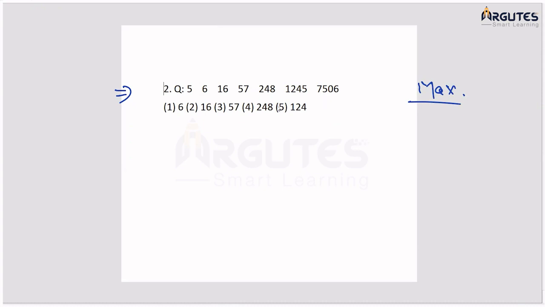By looking at the series we conclude that the largest number is 7506 and the number just before that is 1245, so this is somewhere near 6 times. Then look back: 248 is near 250 and 1245 is near 1250, so it is near 5 times. If it is near 6 times, then near 5 times, it will be near 4 times, then 3 times, 2 times and 1 time.